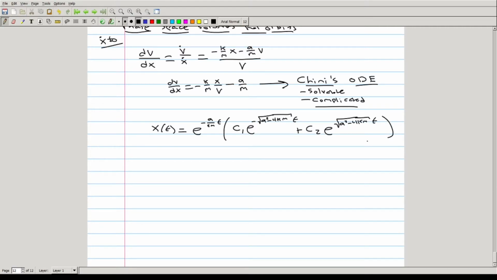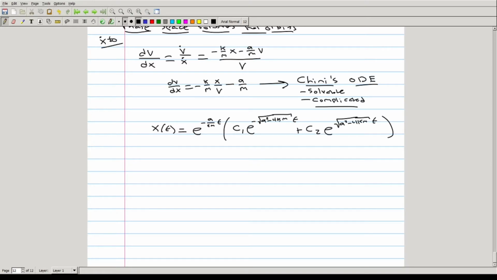And the solutions have different characteristics depending on the relative values of a, k, and m. If a squared minus 4km is negative, the solutions are decaying oscillatory functions, and you can re-express this solution form in terms of just a phase shifted sine function.